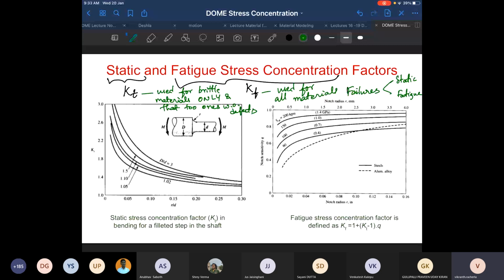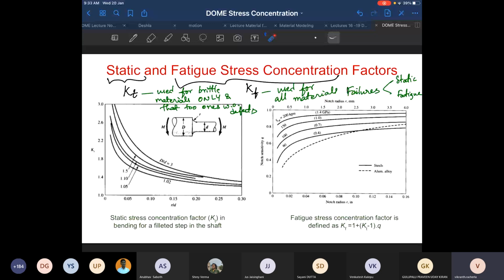Now, the stress concentration factor is determined for a particular geometric feature and a particular loading type. For example, over here we are considering fillets for circular bars. How is the fillet defined? There are three geometric parameters: capital D, small d, and fillet radius small r. These three parameters need to be defined in order to define the circular fillet.